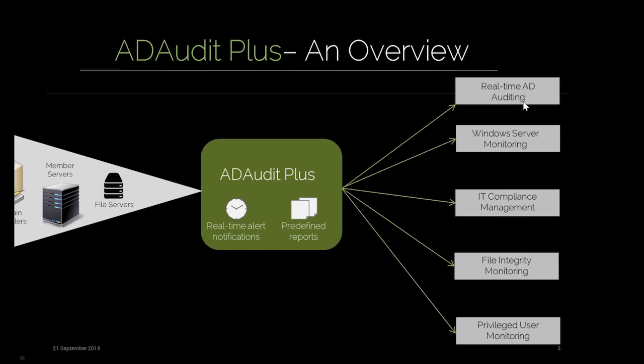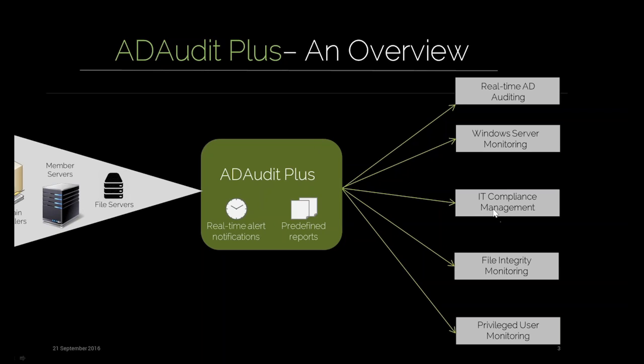And Windows Server monitoring is about the changes that happen on the servers that you have, no matter what server it is, either a domain controller or any other server for Exchange or DNS. You can get all the changes that happen on that particular server.